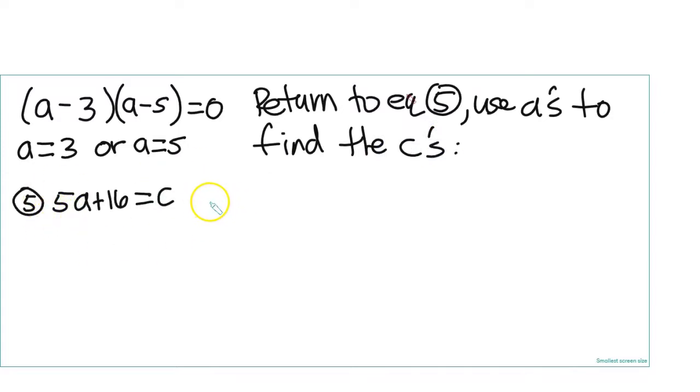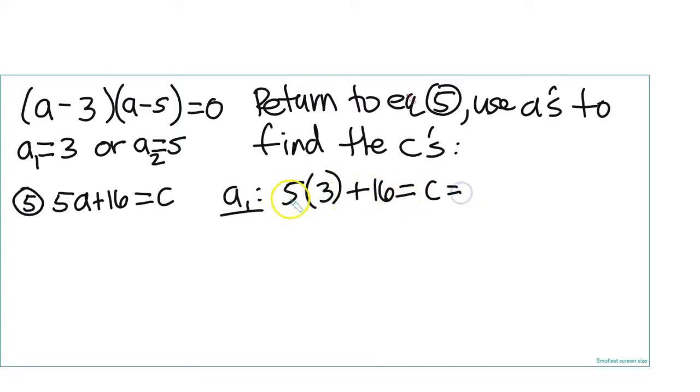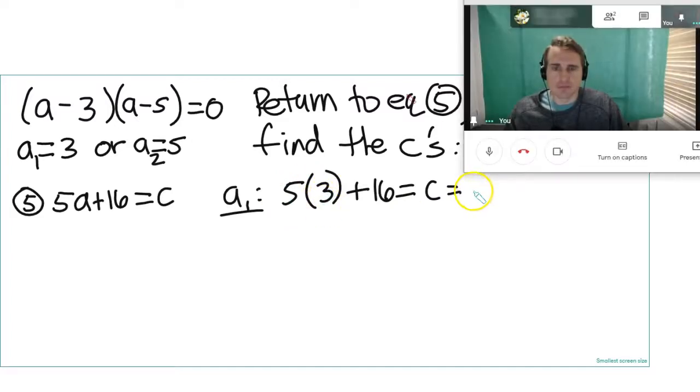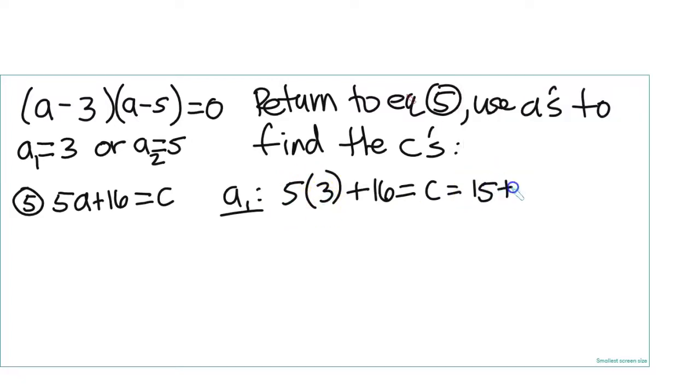You see it? Yes. So let's call this the first value of A, A1. So if we do A1, the first value of A, that's going to be 5 times 3 plus 16. And that's going to equal C. Well, what is 5 times 3? 15. Yep, so we've got 15 plus 16, which is what number? 31. So that's one of our answers to the problem for C. But then we have to do for A2.